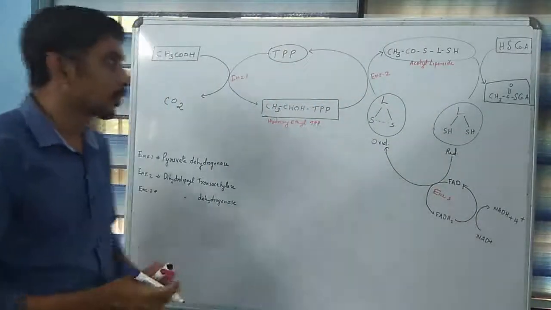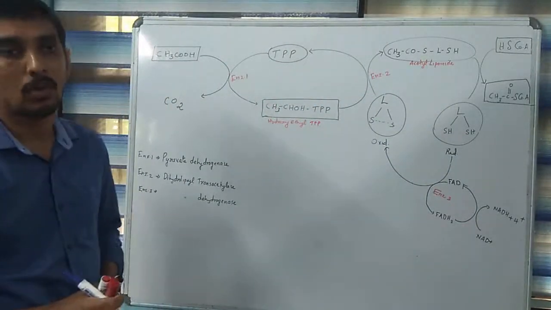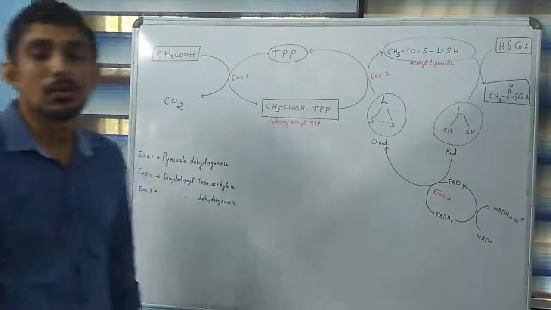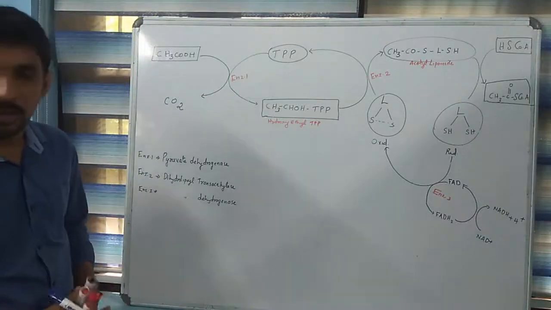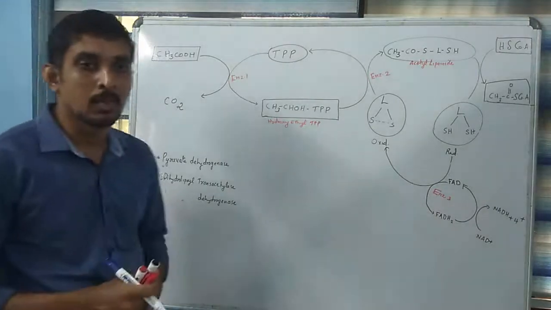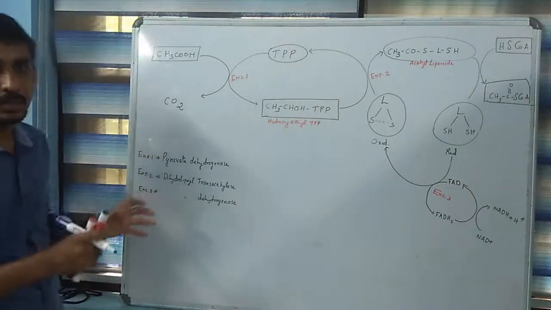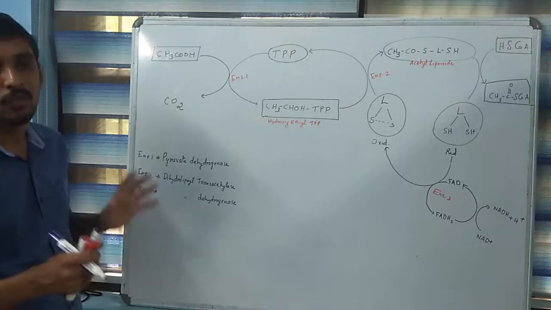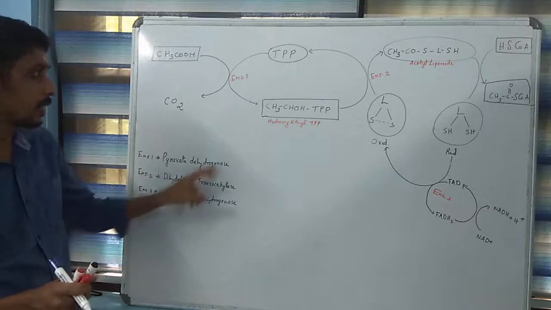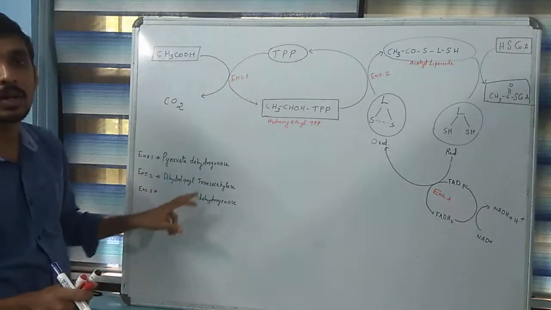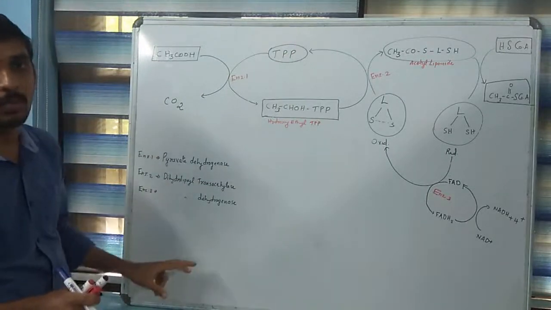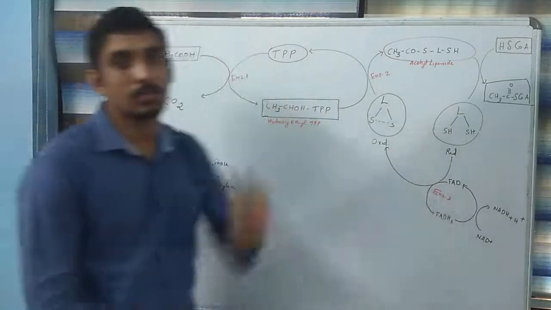Here you can see the representation of acetyl coenzyme A formation from pyruvate or pyruvic acid. That reaction is called the linking reaction, and it takes place with the help of 3 apoenzymes: pyruvate dehydrogenase here, dihydrolipoyl transacetylase here, and dihydrolipoyl dehydrogenase you can see here.